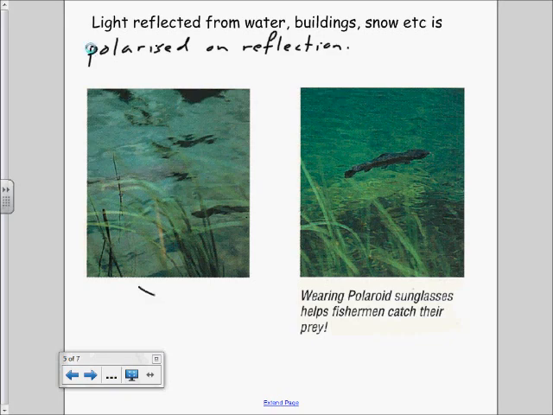On the left-hand side here, you can't see very much underneath the surface of the water. On the right-hand side, hey presto, that's what we're after under the water. So we're able to see more clearly, and it cuts out that glare that also makes your eyes feel tired and strains your eyes.